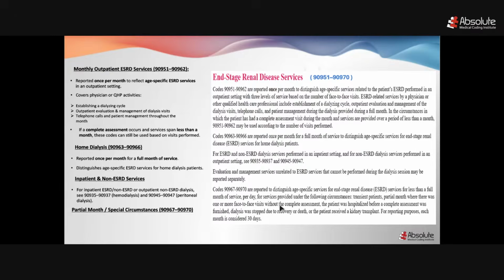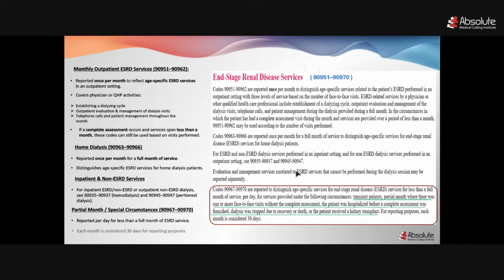The code series ranges from 90967 through 90970, and these are reported per day if the patient received less than a full month of ESRD care. So these are per day codes, and each month is considered 30 days for reporting purposes. When are we using these codes?